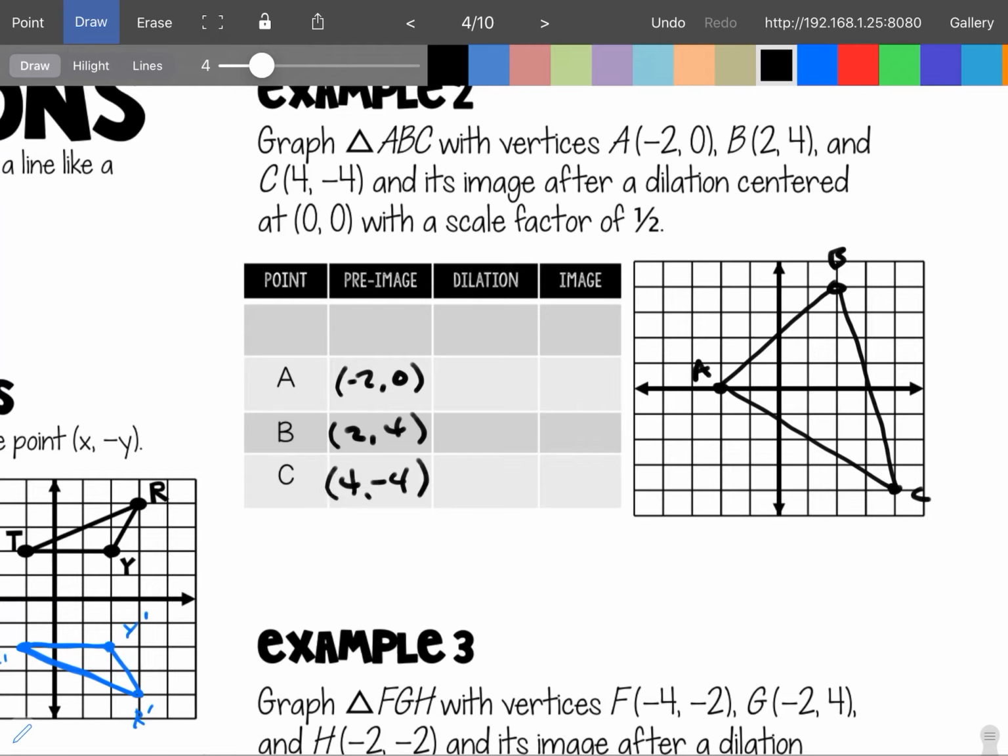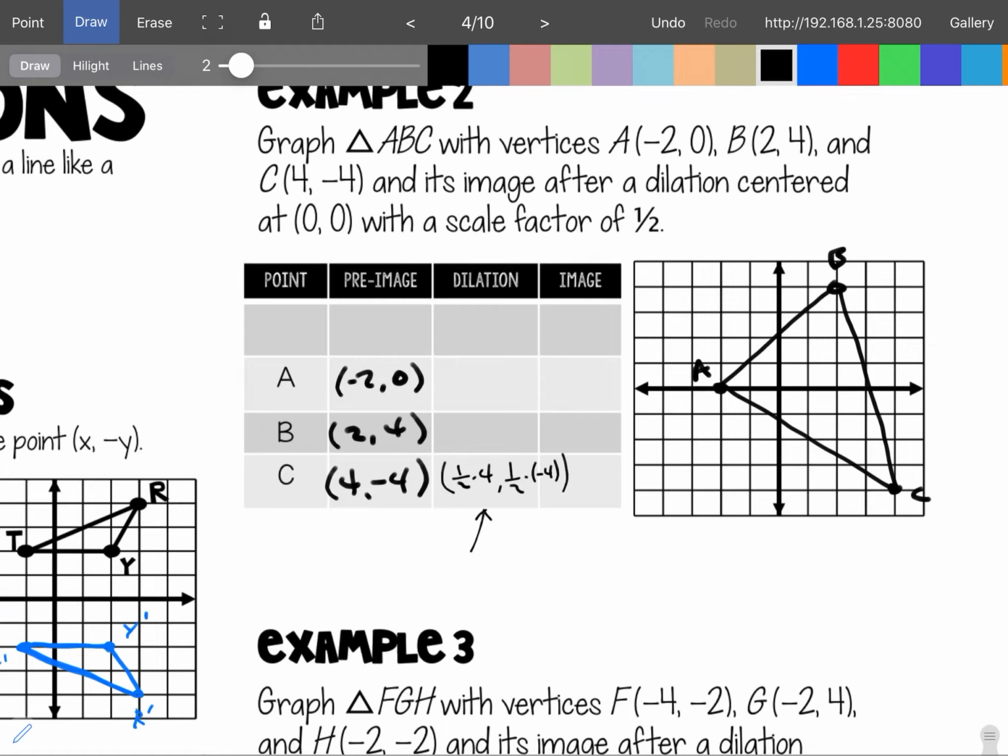And then the dilation, again, means I'm just going to multiply all the coordinates by 1/2. So, for example, for the bottom point here, for point C, you're going to take 1/2 times 4, and then 1/2 times -4. Like that.